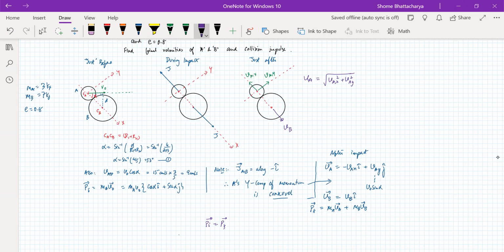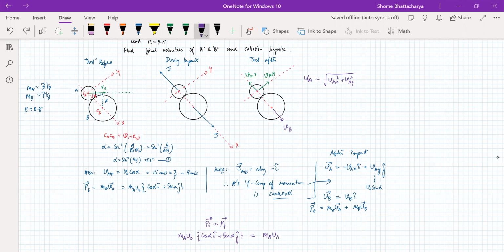So the initial momentum is m V naught into cos alpha i cap plus sine alpha j cap. So this is m V naught as a vector. Now this should be equal to mA VA as a vector plus mB VB.